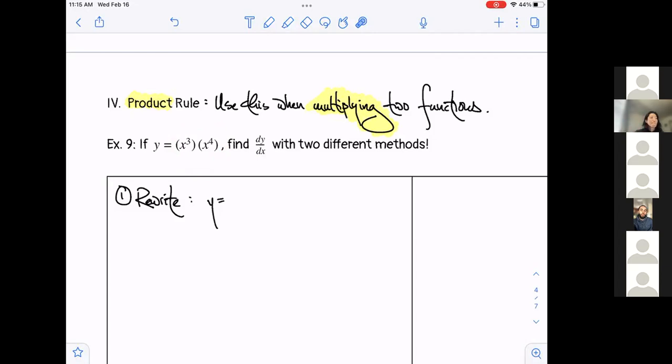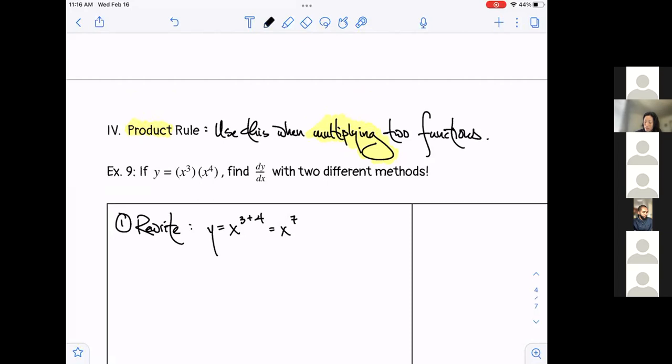X to the 7th. How are we getting x to the 7th? When you're multiplying exponents, you add them together. Great. So x to the 3 plus 4 gives you x to the 7th. Wonderful. How would I get x to the 12th out? Using the exponents 3 and 4.